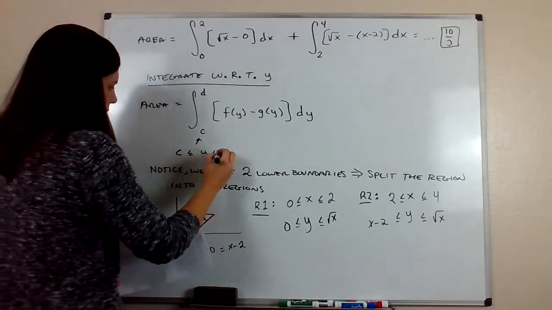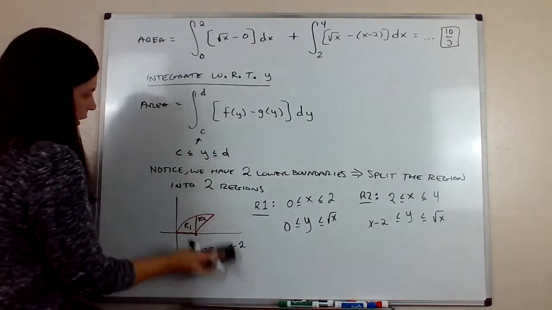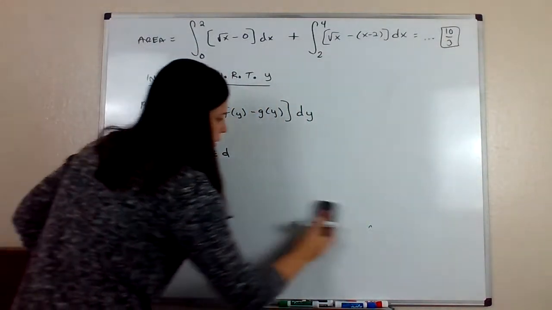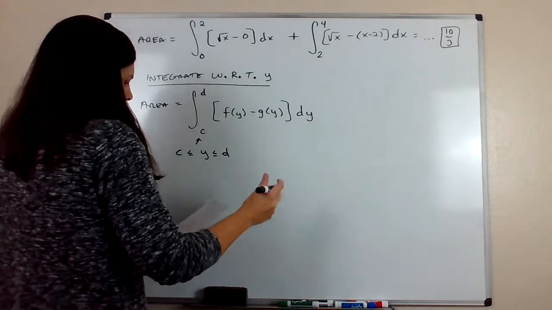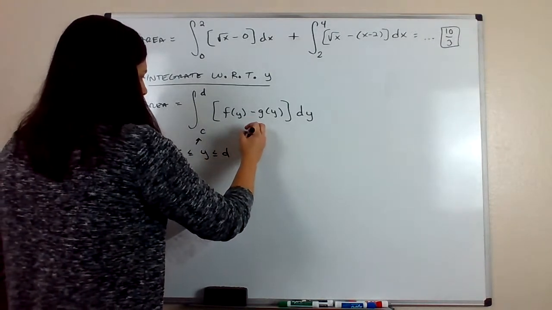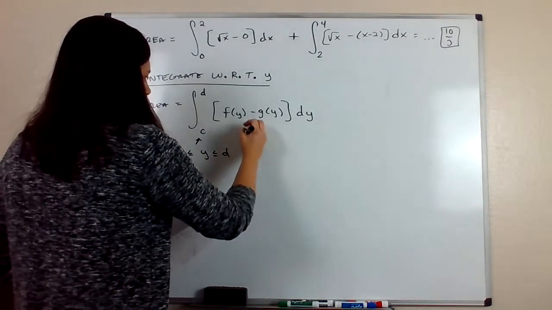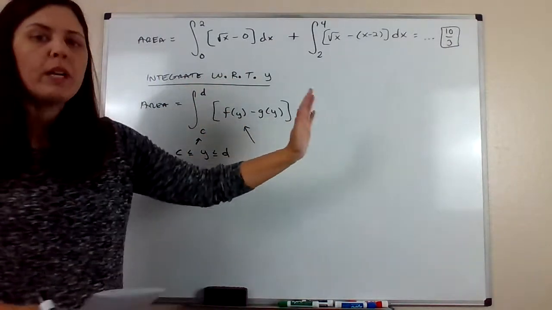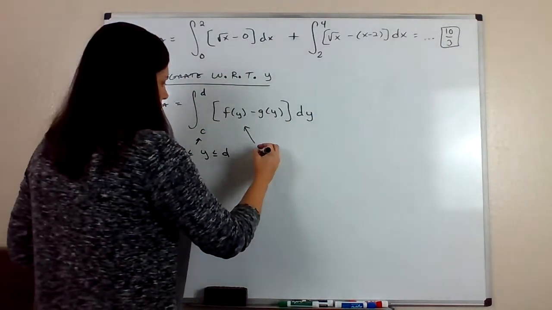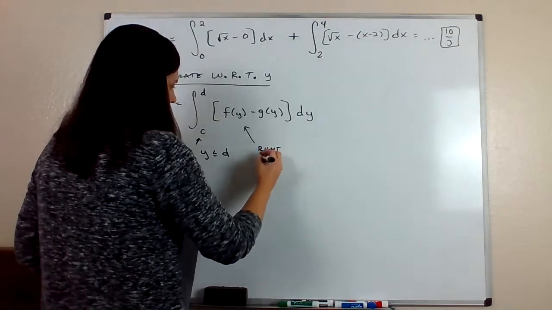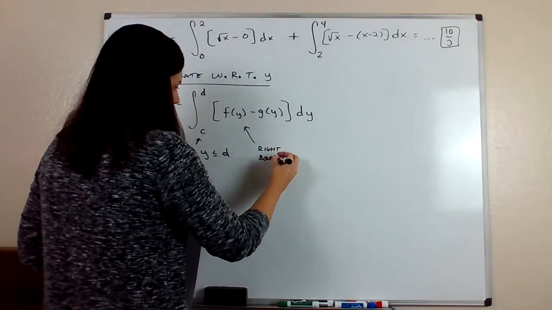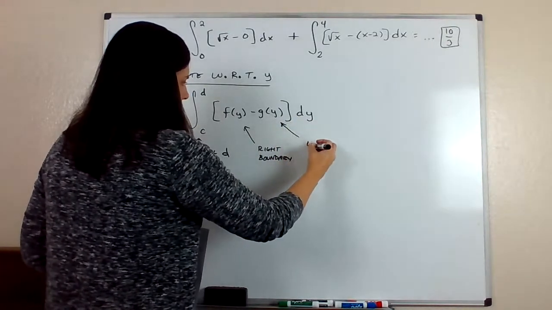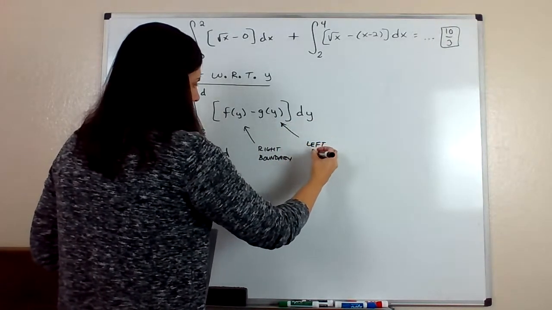Y is between c and d. And then your functions are going to be rewritten in terms of y. So if you're doing this in terms of y, you don't actually want to call it an upper boundary anymore. You want to call it a right boundary. And instead of calling this the lower boundary, you call it the left boundary.